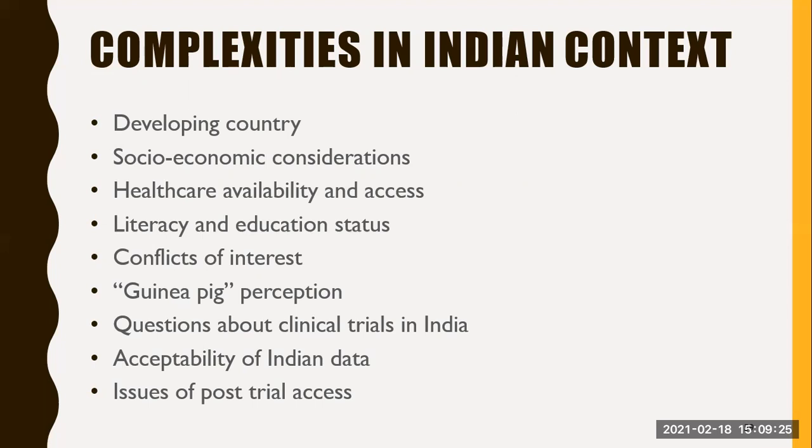Then there are conflicts of interest. Even though we have seen the ethics committee constitution, the scientists work on behalf of big pharmaceutical companies, even though they should not show any kind of bias.